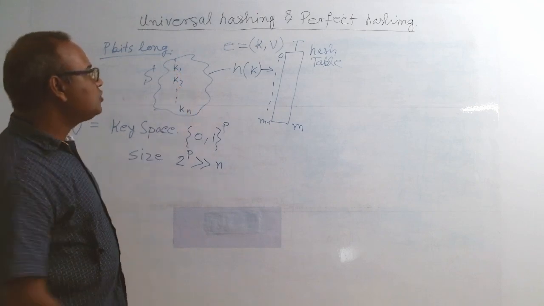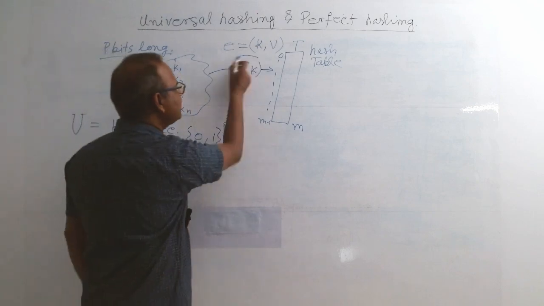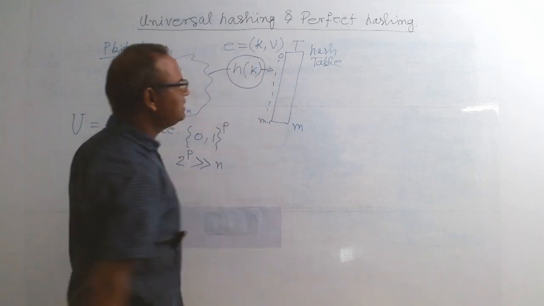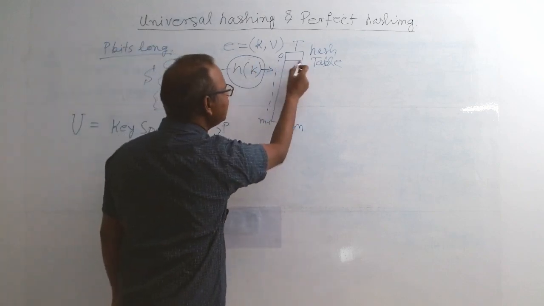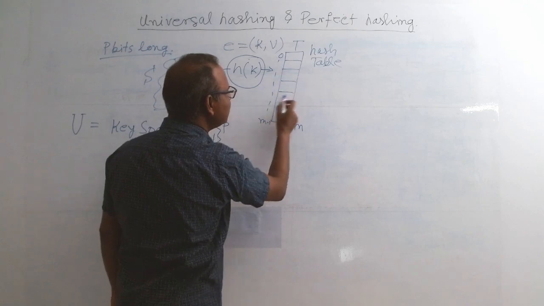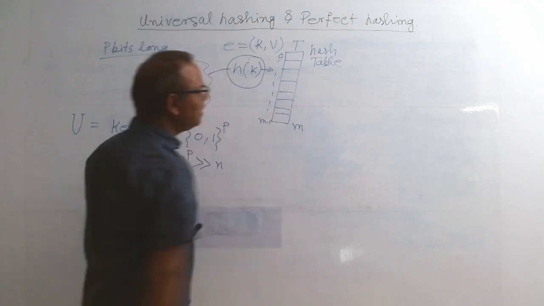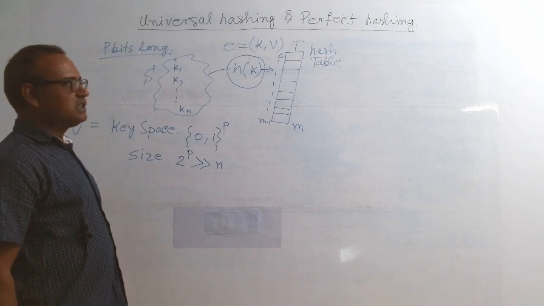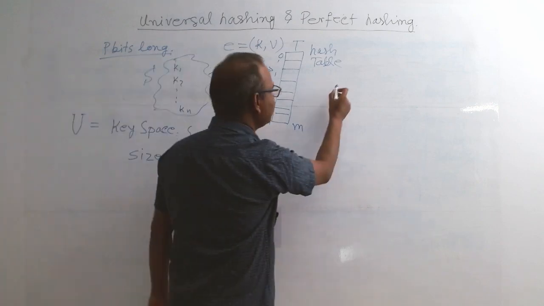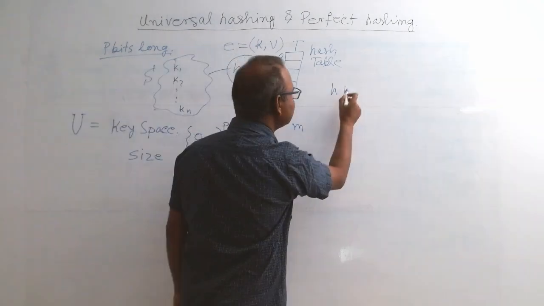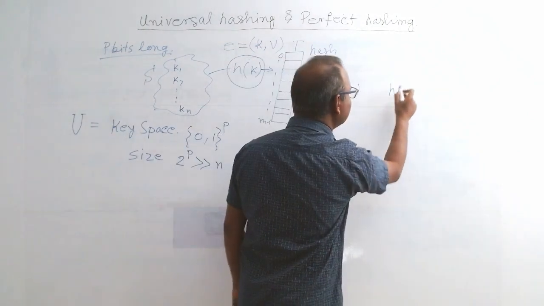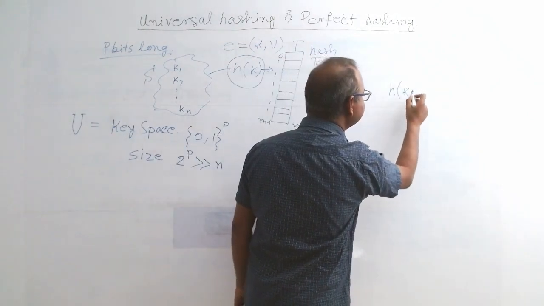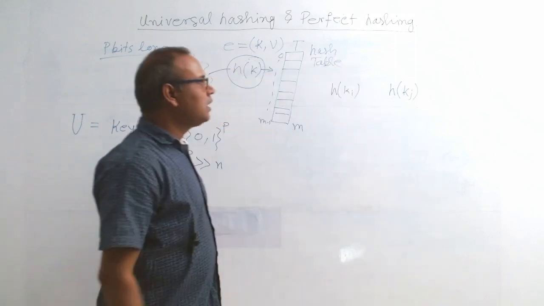While choosing this hash function, our objective is to map the elements independently in this table. What does it mean? Suppose we are mapping two elements, h(k_i) and h(k_j).